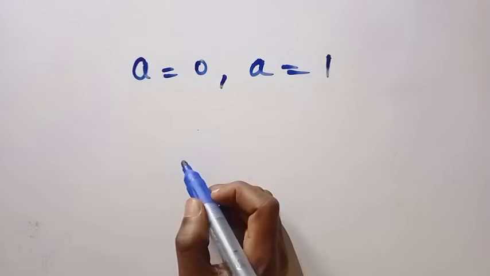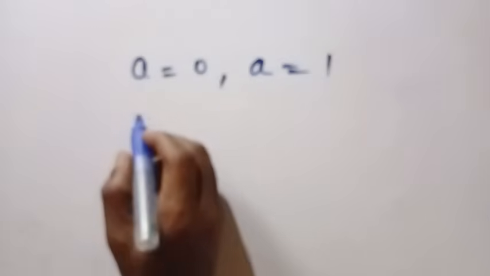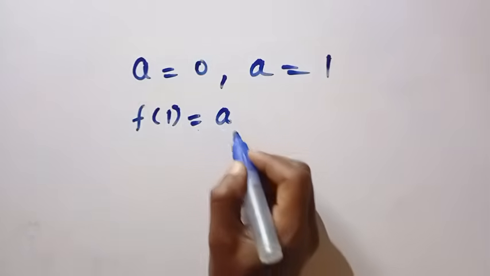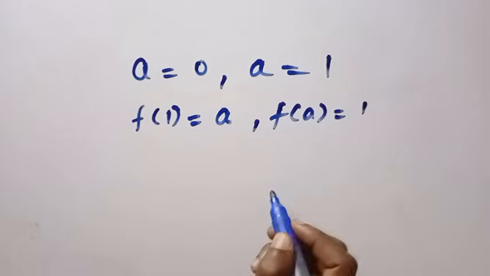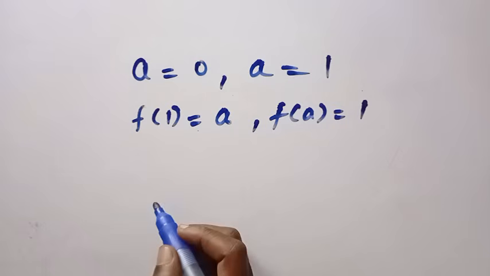But before that, we want to check each possibility for these two cases. And recall that when we have f of 1, this is a. And when we have f of a, this equals 1. So we're building everything based on these two functions.